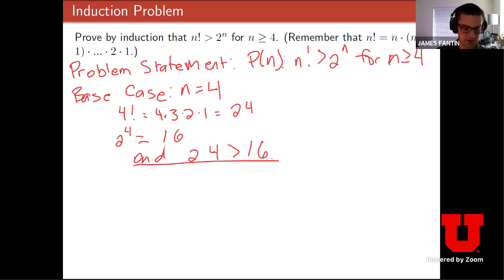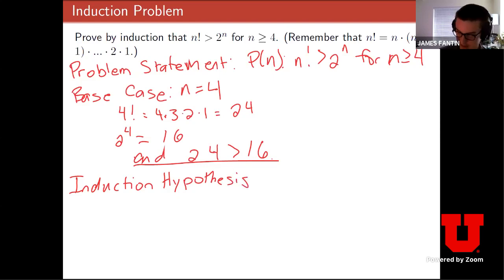Now that we've done our base case, we need to do the induction hypothesis. In this case, what is our induction hypothesis? Yeah, so P of n is true.